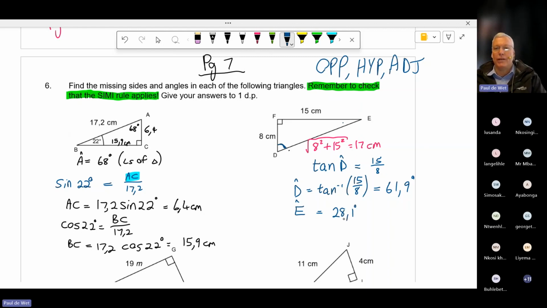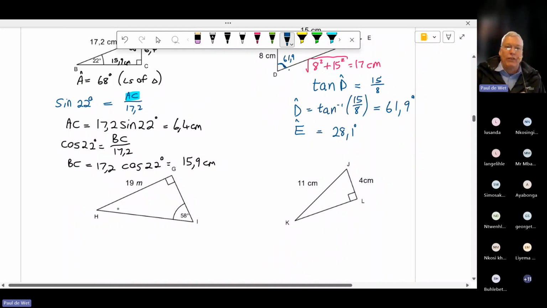I want to ask you, has the rule been followed? 28,1, 61,9. Is the biggest side opposite the biggest angle? Yes. Is the smallest side opposite the smallest angle? Yes.